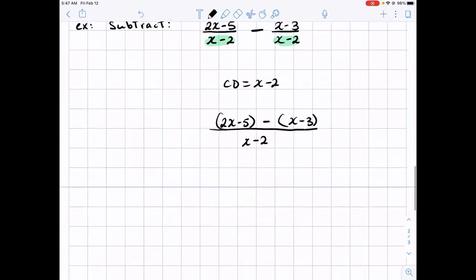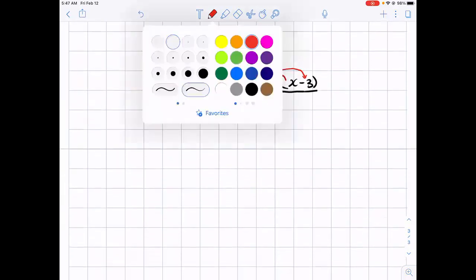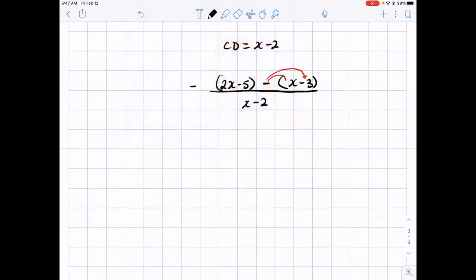I keep them in parentheses this time because when you distribute this negative, as you get rid of the parentheses, we're going to have 2x minus 5 minus x plus 3 over x minus 2.